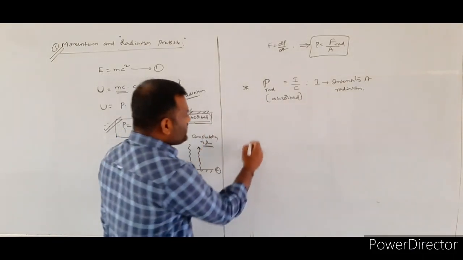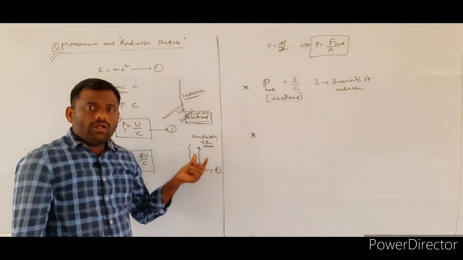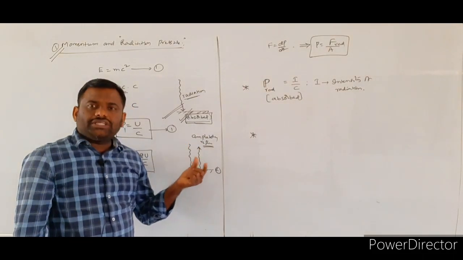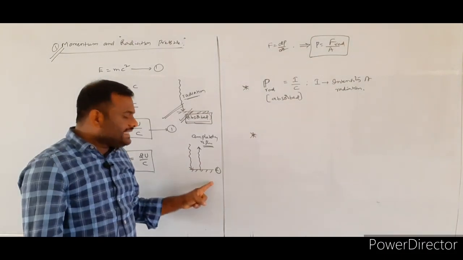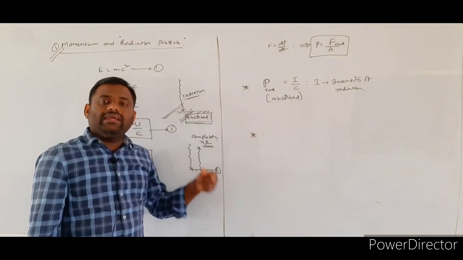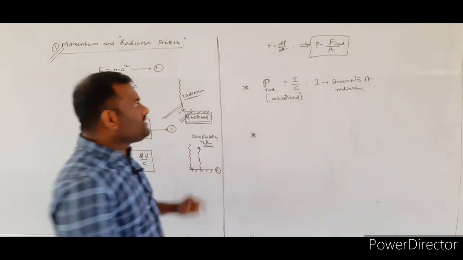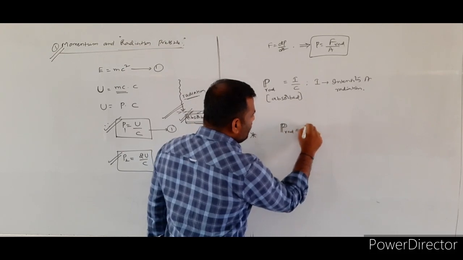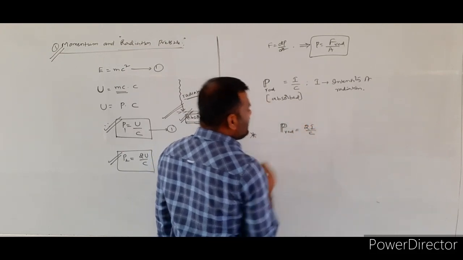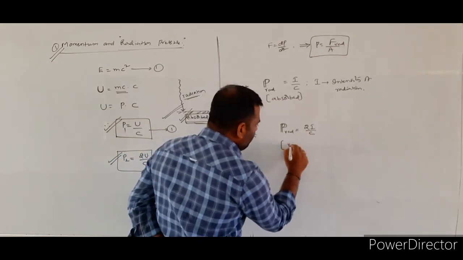What is the second case? In the second case, the electromagnetic radiation is incident on the given surface and is completely reflected by the incident surface. At that instant, the radiation pressure can be written as 2I by C. So this is the case for reflection.